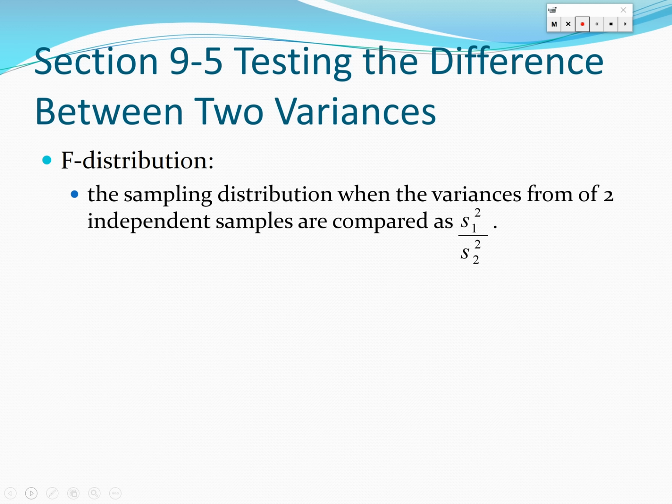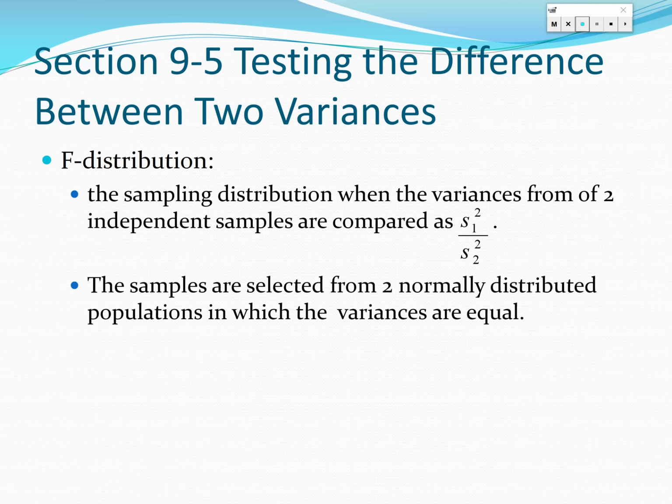So we have to be careful when we're making those comparisons. Remember, sometimes we're given the sample variance, and we get to put it right in. Other times we're given the sample standard deviation, and when we substitute them, we have to square. So just be careful with those, and we'll talk about that as we go a little more today. Your samples are selected from two normally distributed populations in which the variances are equal.